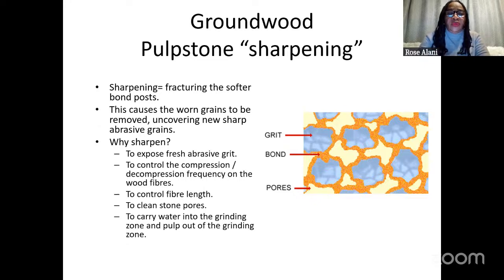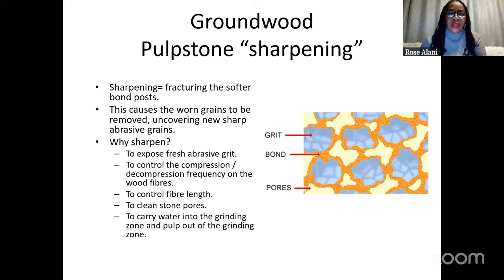You also need to carry water into the grinding zone and pulp out of the grinding zone. So you keep it sharpened and the pores open, so that water, of course, remember I said groundwood pulp, when you're grinding the log on the stone, you need to pour water so that it will release the fibers, the cellulose.